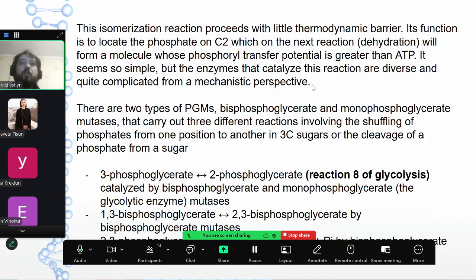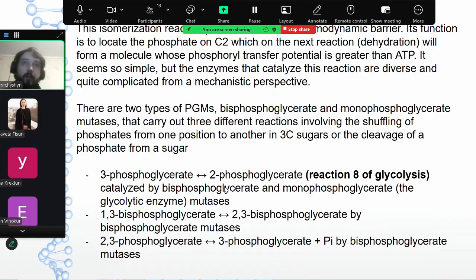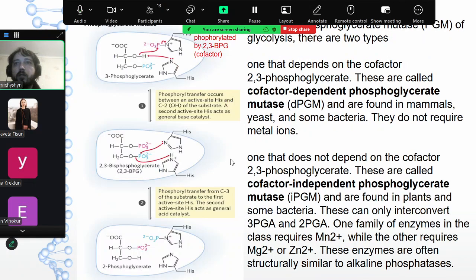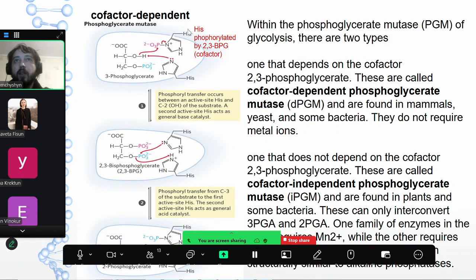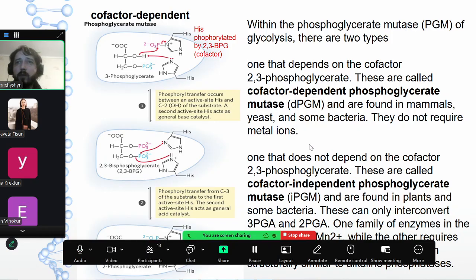It seems so simple, but the enzymes that catalyze the reaction are diverse and quite complicated from a mechanistic perspective. So let's move on. Here is the example. There are basically two different phosphoglycerate mutases, and one of them is cofactor dependent, one is cofactor independent.